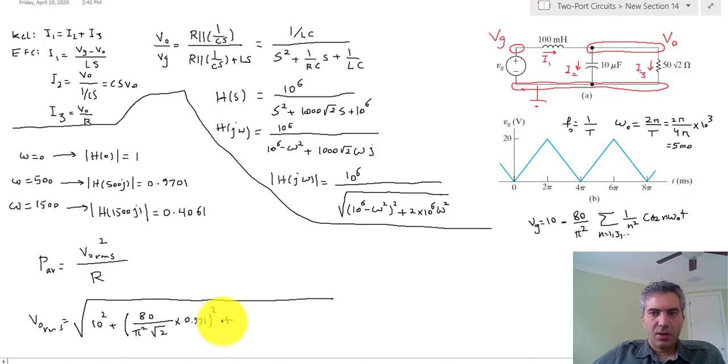And then for the third harmonic, this time you have 80 divided by pi over 2, divided by 9.